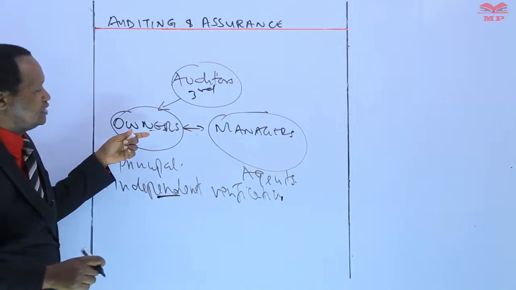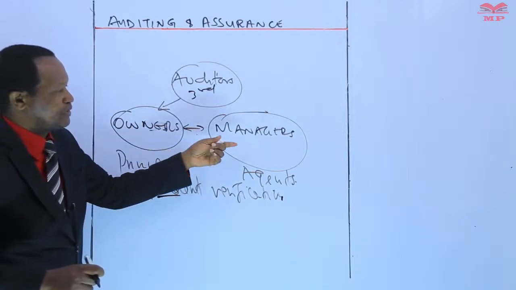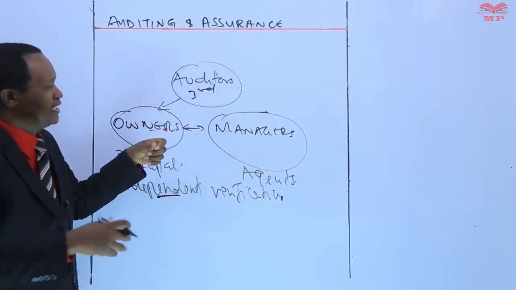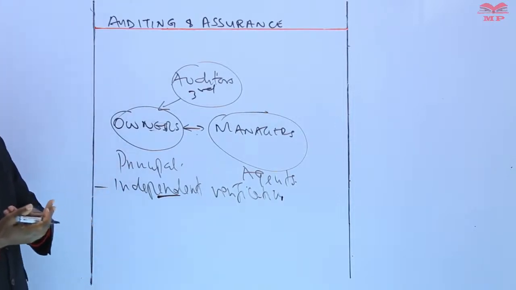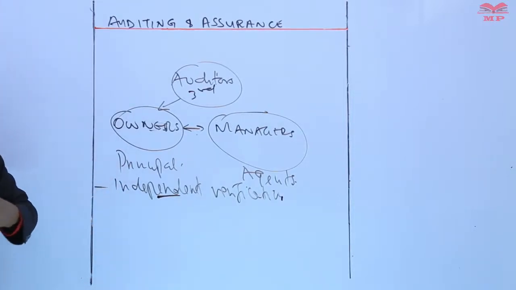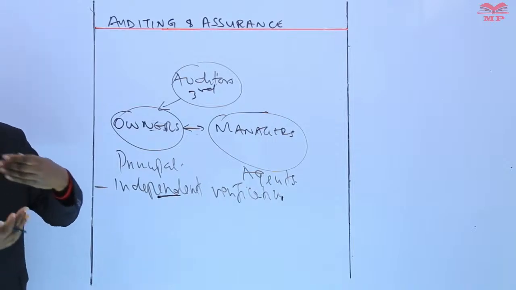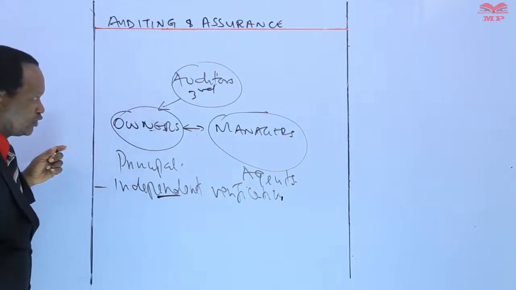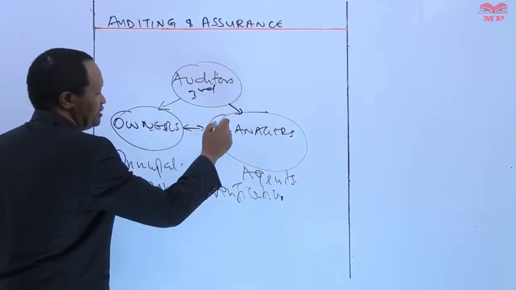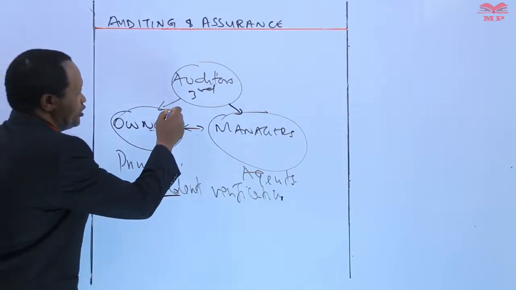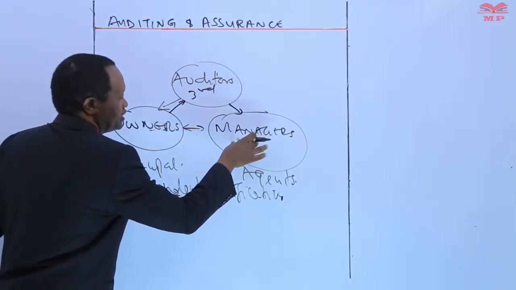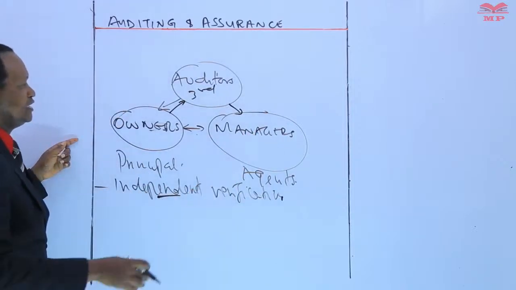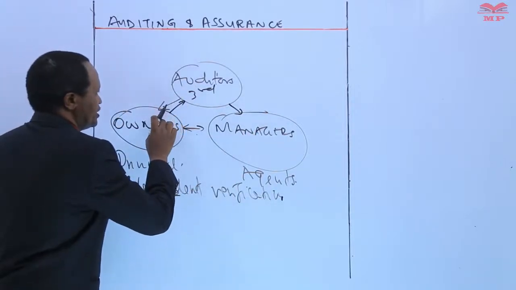The auditor is not the owner and does not manage. He comes in as an independent party. Okay? He's free from any undue influence from the management, because he's appointed by the owners. He's hired by the owners.